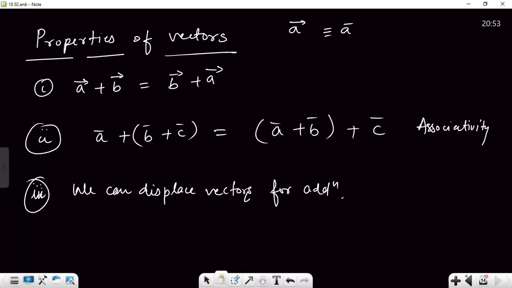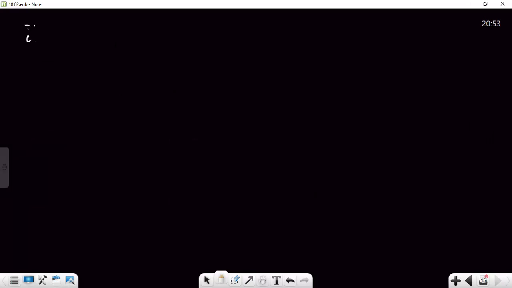First is free vectors. Those vectors which are not related to any specific points are called free vectors. These vectors do not change due to transfer of values.